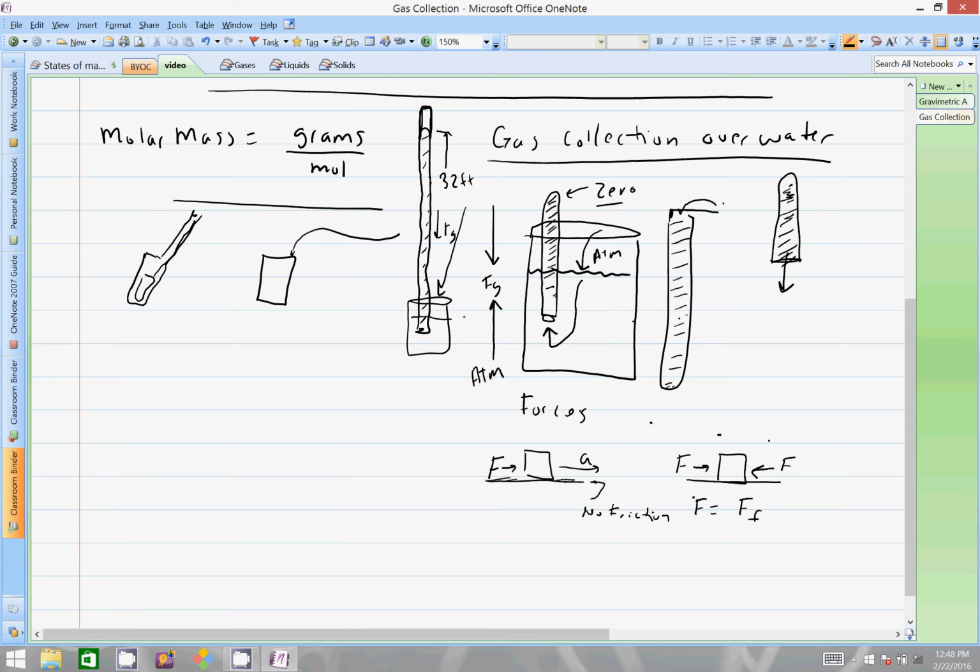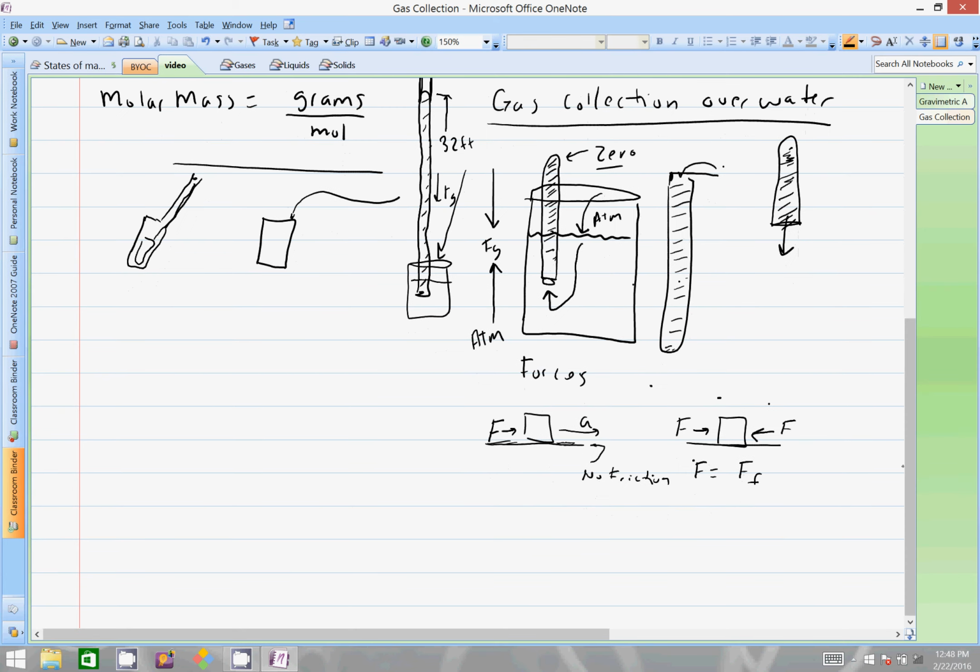All right, so now what are we going to do here? Well, we're going to take this tube that is full of water, and we're going to take our lighter. Before we use that, we take the little tube off, so the tube is missing, and we will mass the original weight of the lighter.